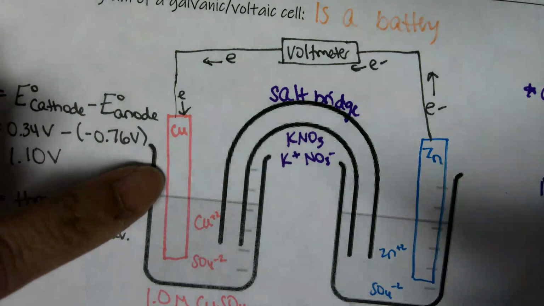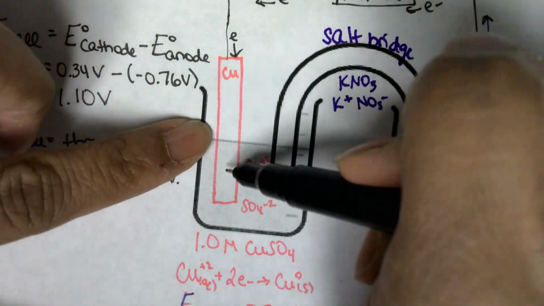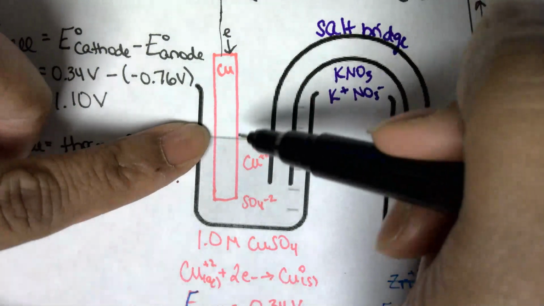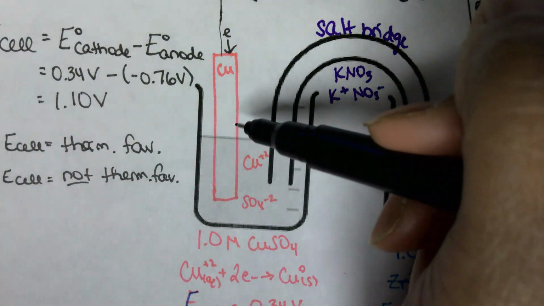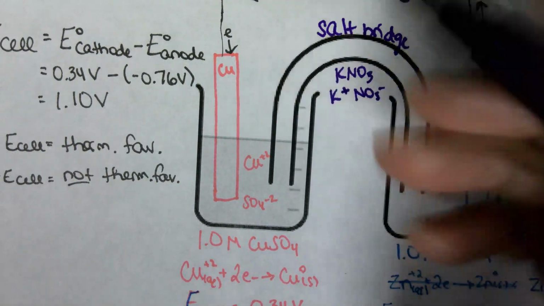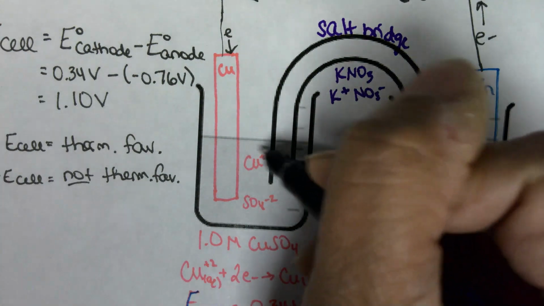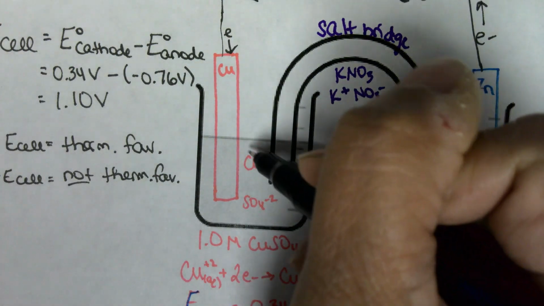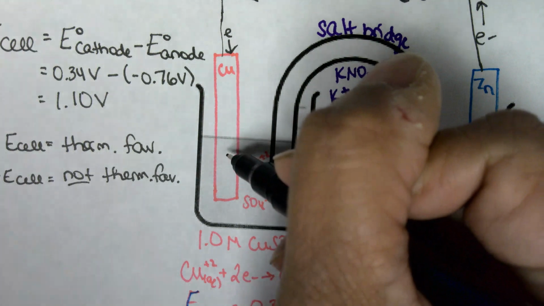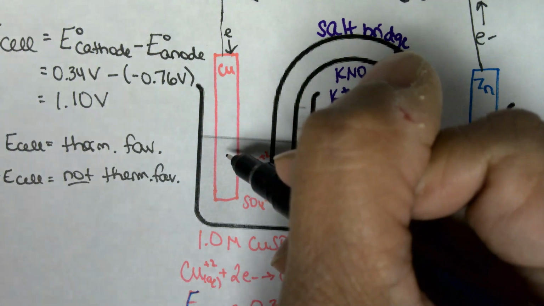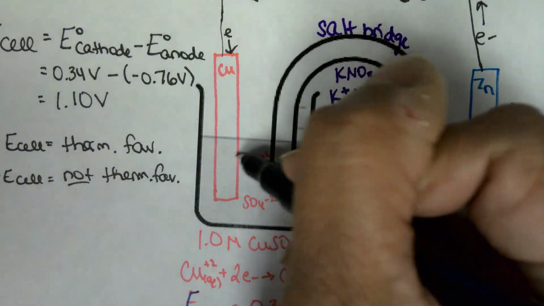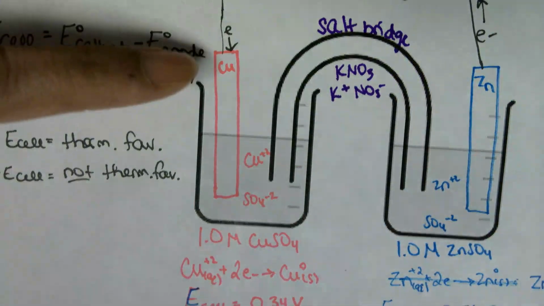So this means that this electrode, this piece of metal, is going to be negatively charged. If it's negatively charged, it's going to attract these ions, and those ions will then essentially gain those electrons and become a solid over here.